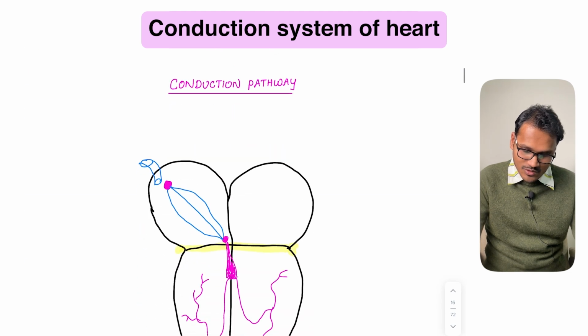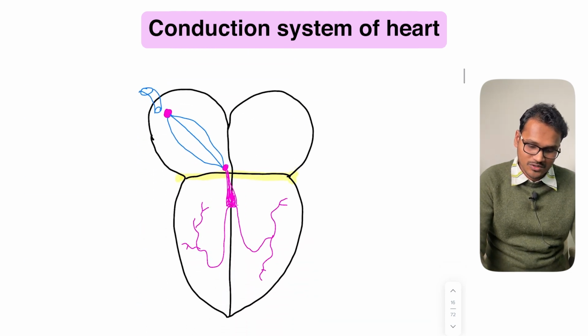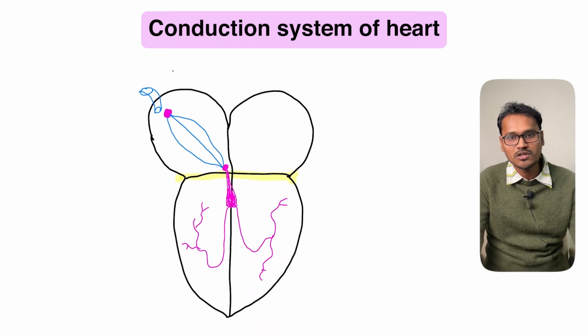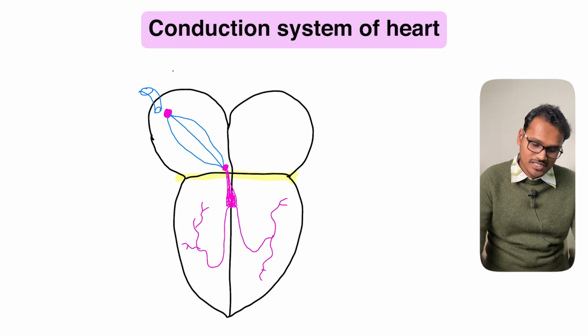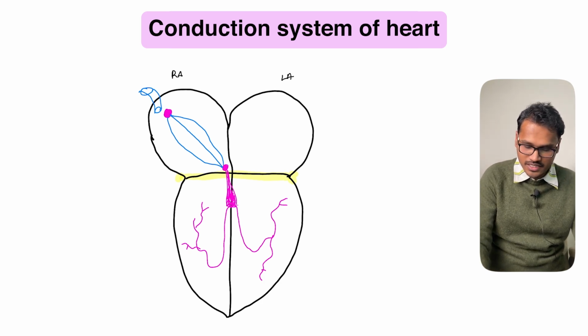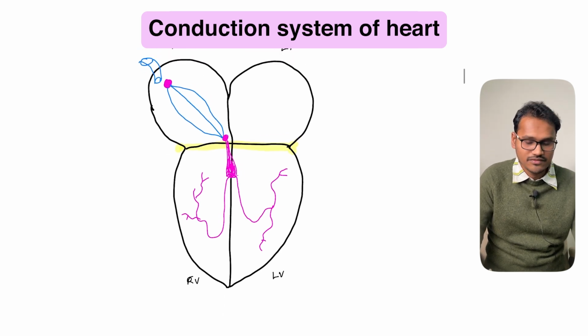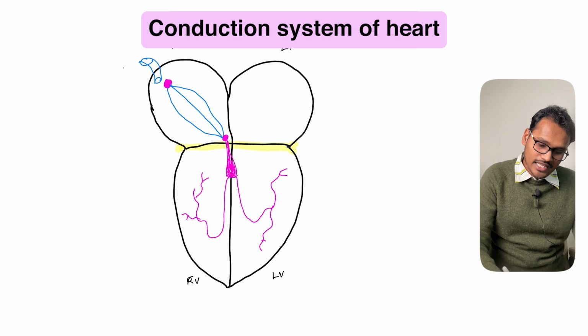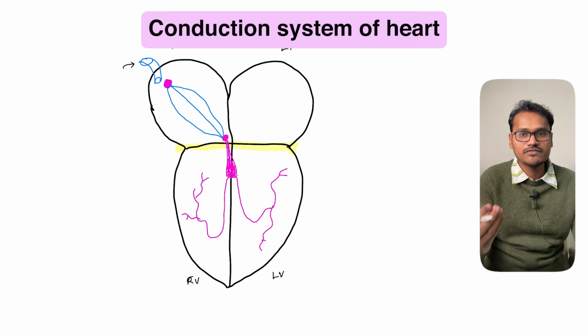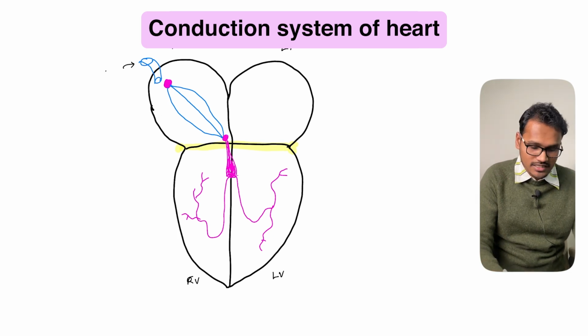So next, what is the conduction pathway? Where does it start, how does it move, and where does it end? First, this is the heart, and here we have the right atrium, the left atrium, the right ventricle and the left ventricle. We have already seen this in the functional anatomy. There is one major vein draining from the superior part, called the superior vena cava. Another vein also drains into the right atrium, the inferior vena cava. These two veins drain into the right atrium.